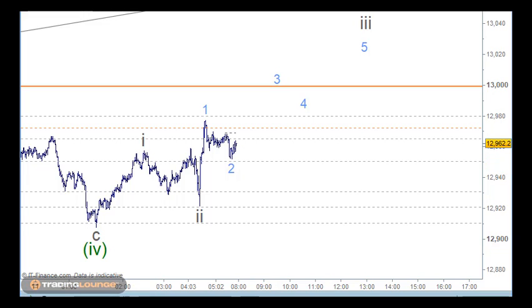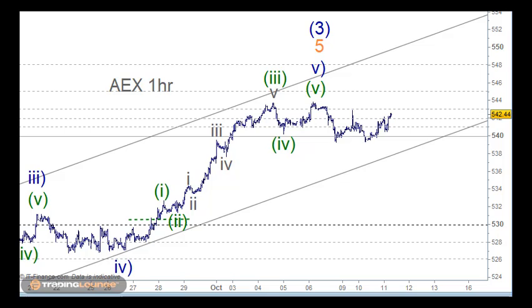Okay. Now, if we move to the AEX, which is traveling in much the same light as well, when I was calling this up for wave 5 here, I wasn't too sure about it because it really looked like it was in 3 waves here.